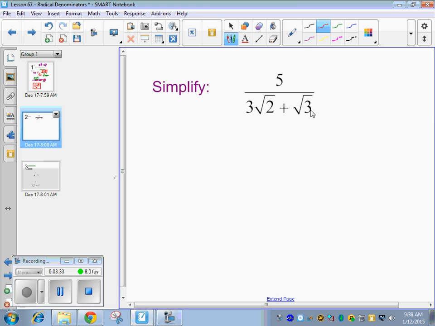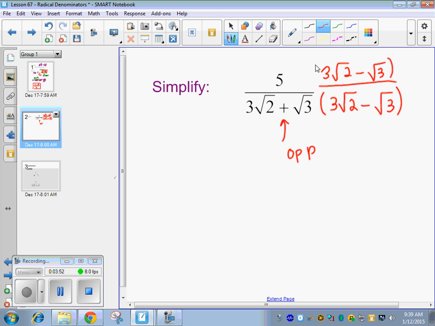Okay, so we're going to do the same thing. We're going to multiply by the conjugate, which is the opposite, just in the middle. So that means that I have 3 root 2 minus root 3, and the same thing in the numerator, 3 root 2 minus root 3.